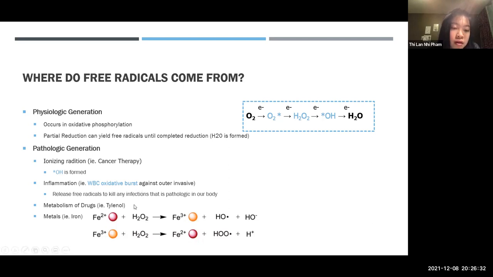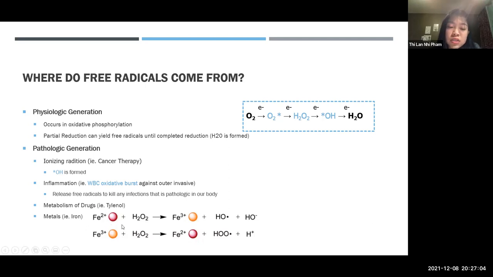For example, when we take some drugs such as Tylenol, it's going to end up in our liver, and it's going to release a huge amount of free radicals, which is going to cause damage to the liver. And as you know, our blood is composed of hemoglobin, and its iron is a very important part of that.